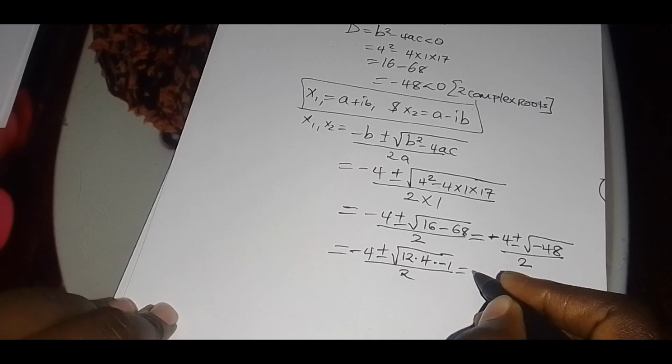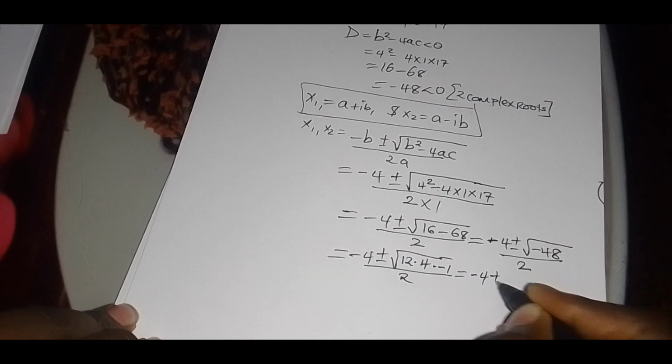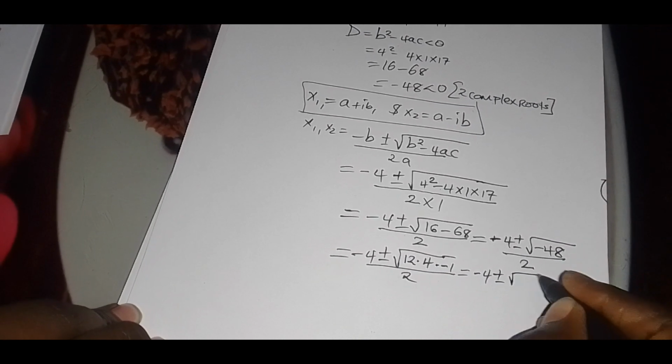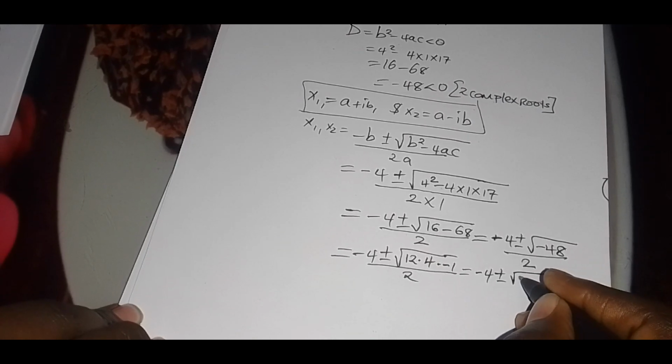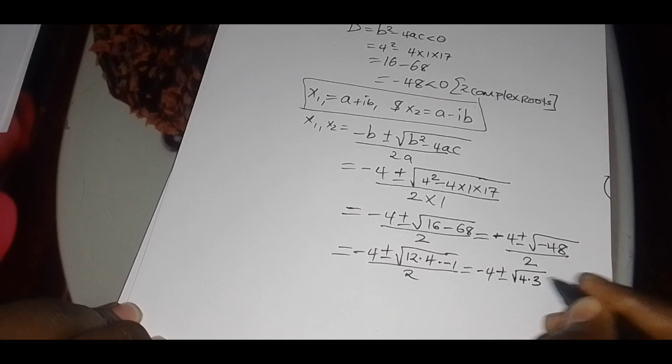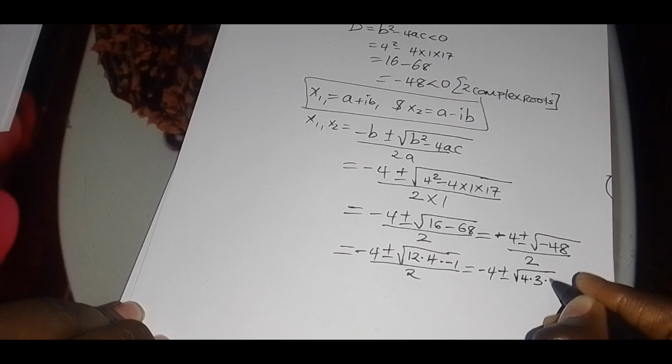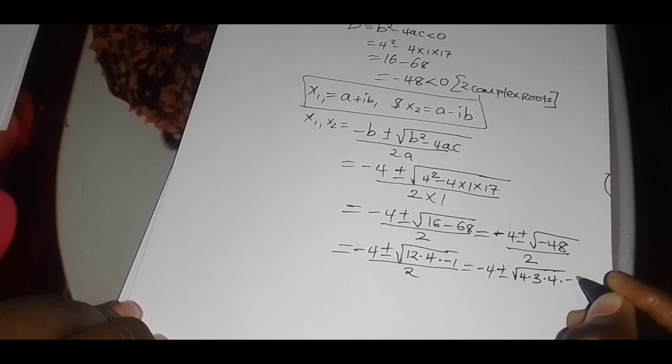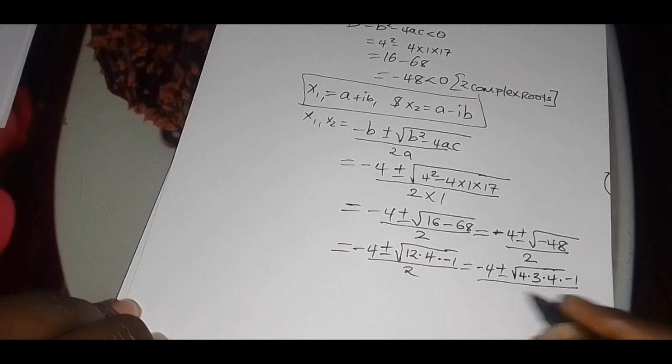So this is negative 4 plus or minus, now 12 again can be expressed as 4 multiplied by 3, multiplied by 4 multiplied by negative 1, divided by 2.